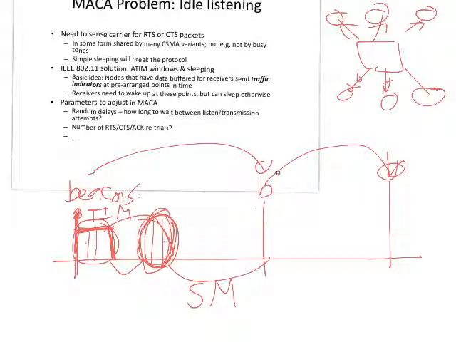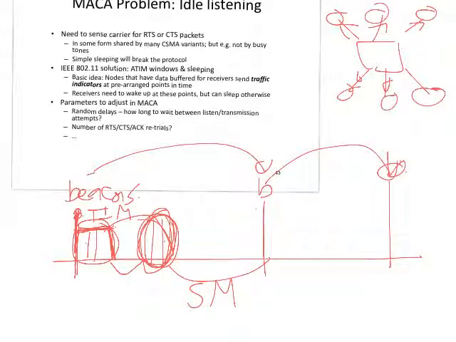So this is a clear modification of the protocol. We're still using 802.11, and here we use the point coordination function, not the distributed coordination function. If you have studied 802.11 before, it works based on two modes, the DCF and PCF.